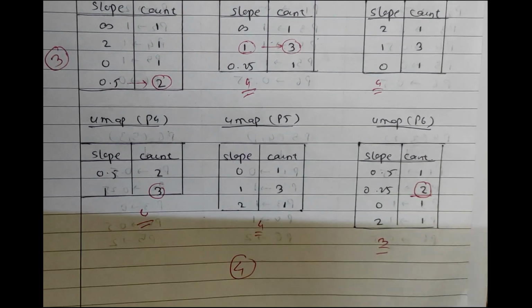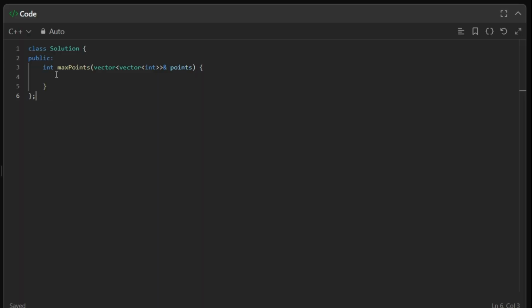Let's write the code. After understanding the approach, let's code. Make an int, let's say te, as INT_MIN, and an int maxi equal to 0.